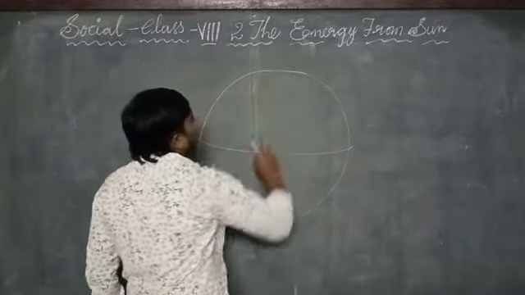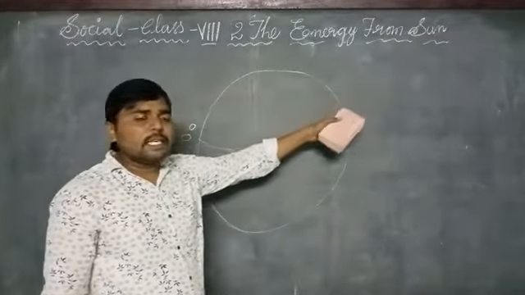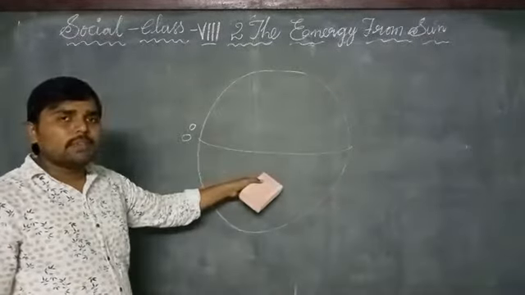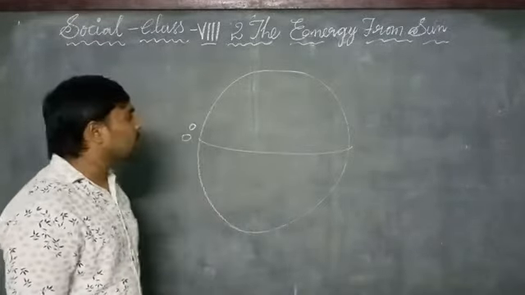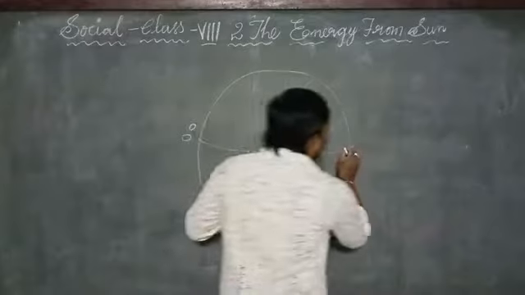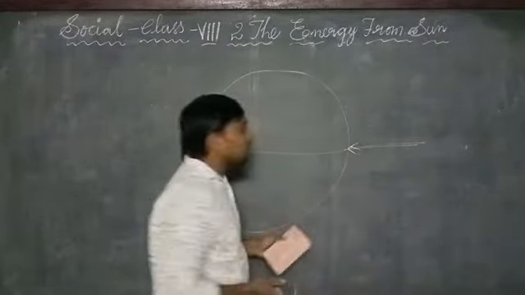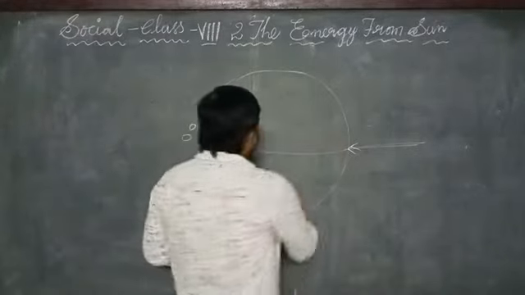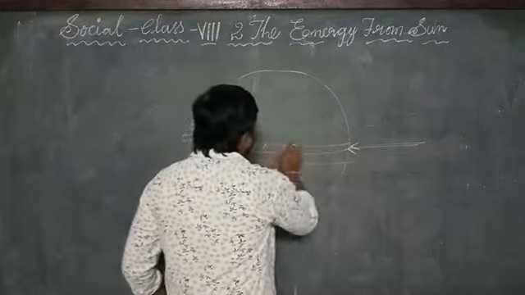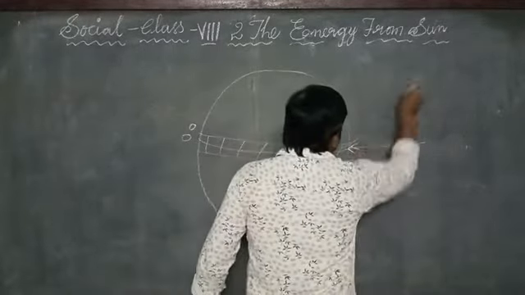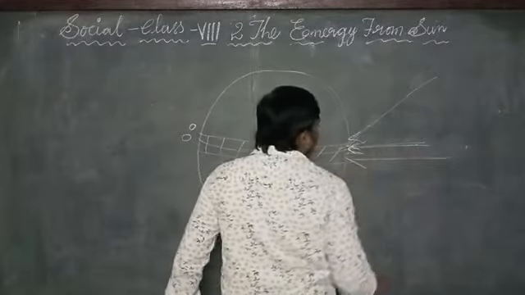When the sun rays fall directly on the surface of the earth, the temperature levels are also very high. On the equatorial region, the sun rays are falling directly.